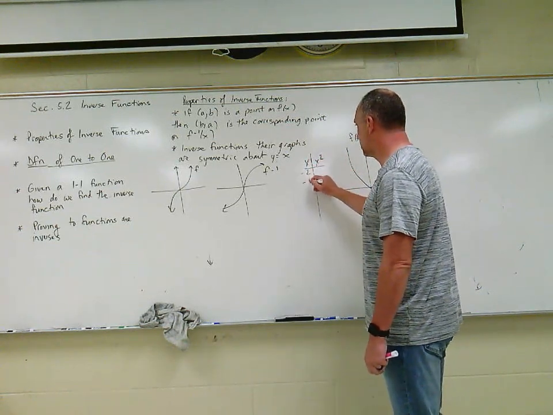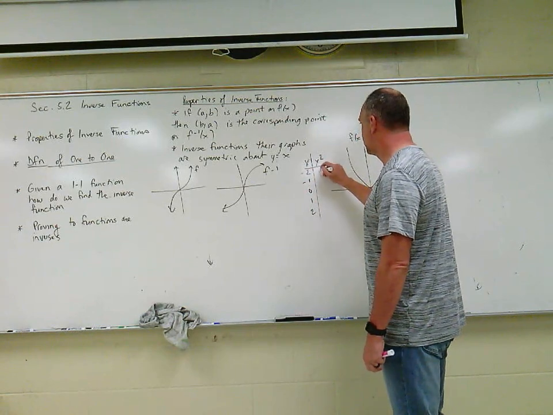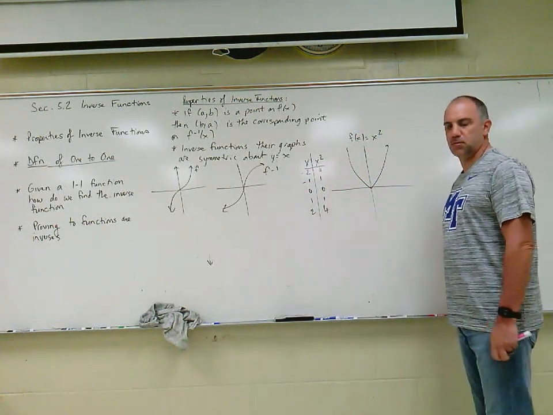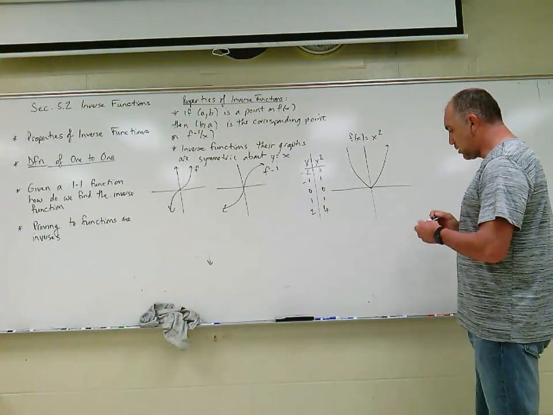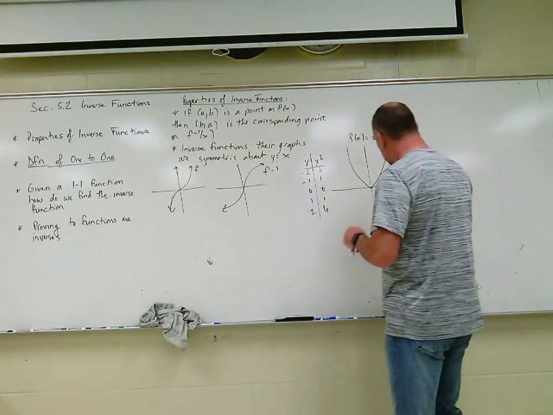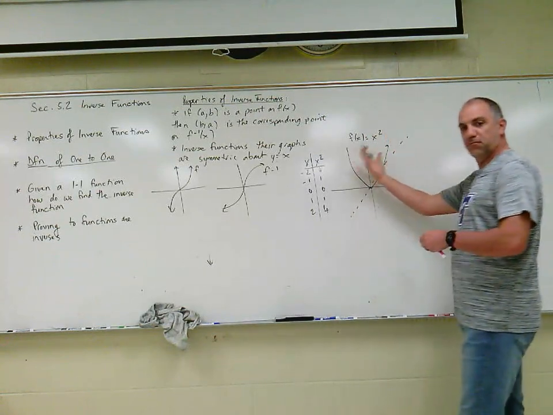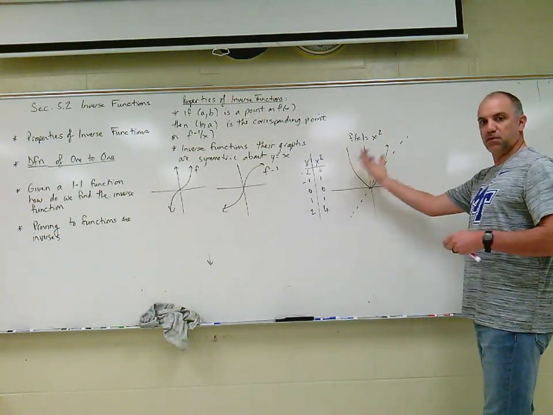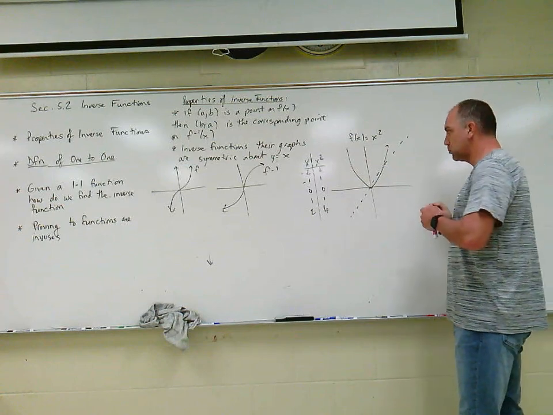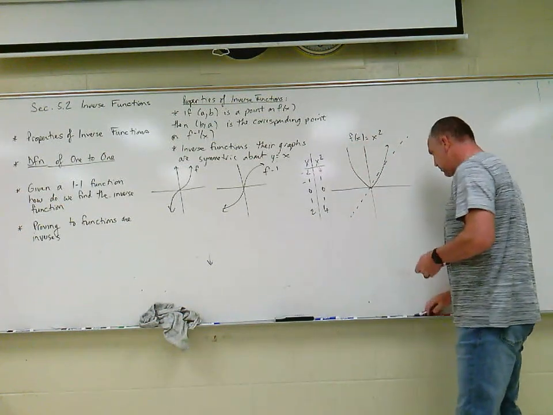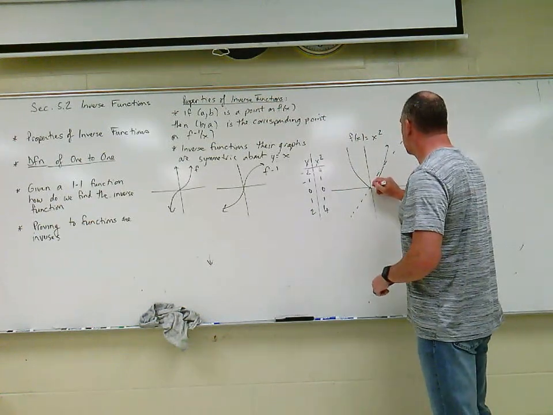So -2, -1, 0, 1, 2, that's 4, 1, 0, 1, 4 on the points. If I put the line y equals x through here, like this, and we flip it about y equals x, it means it's going to kind of tilt your head diagonal. Our inverse should look like this.